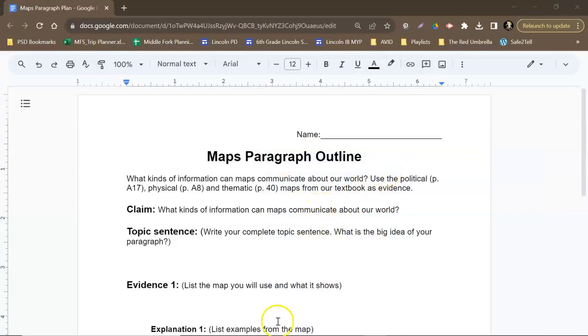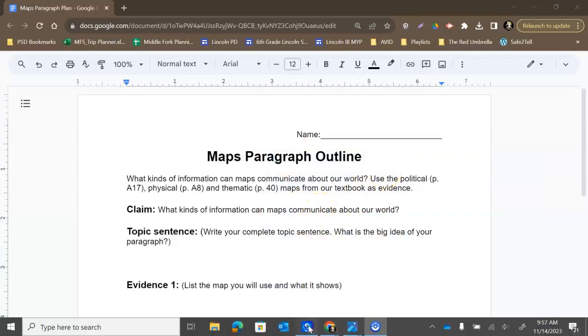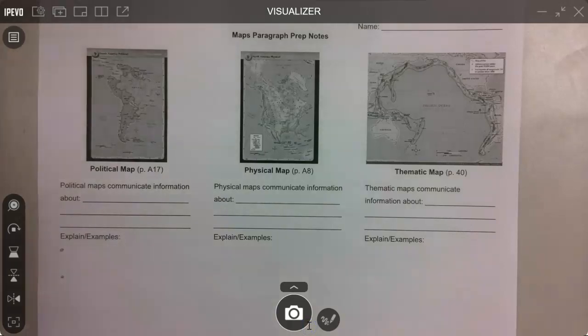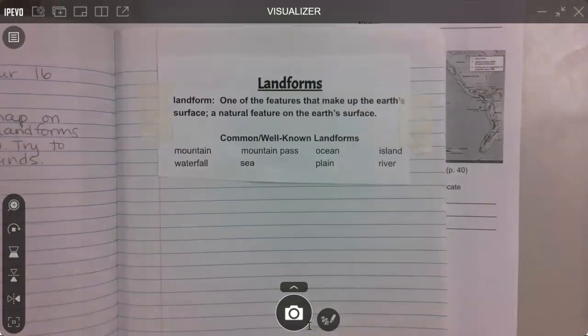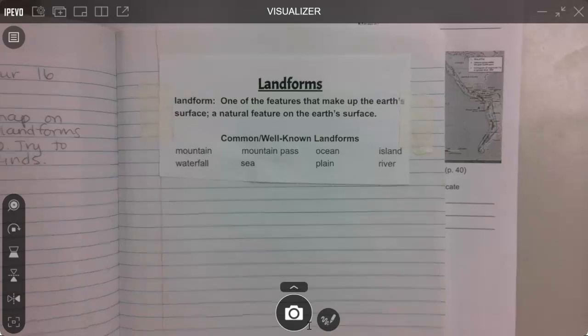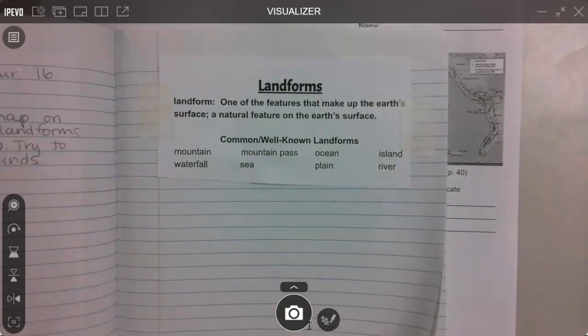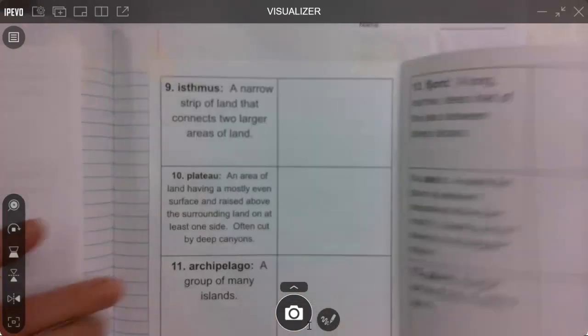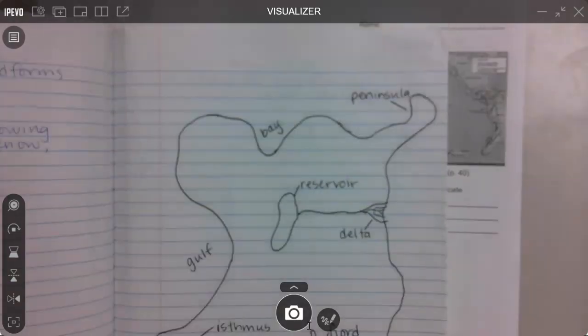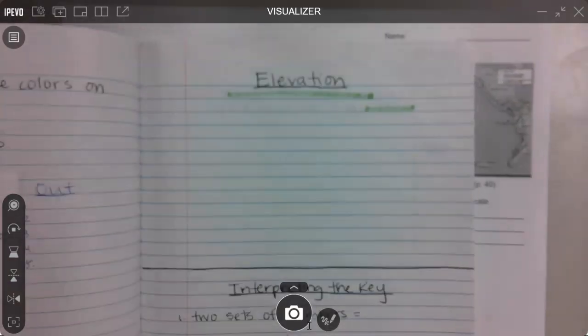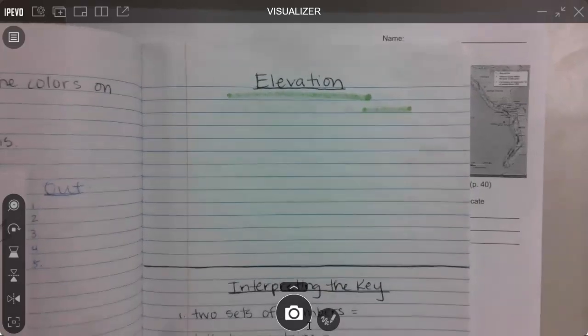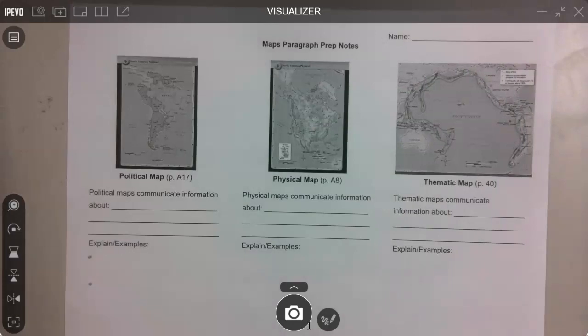Okay, so let's look at our notes a little here. We know that physical maps give us information about two main things: about different landforms, which we have all in here in our notes, and physical maps, as I'm flipping through, also give us information about elevation, right? Those are the two main things found on physical maps.